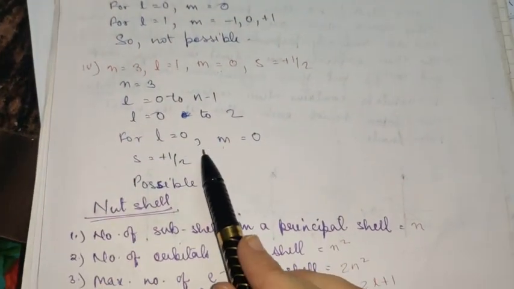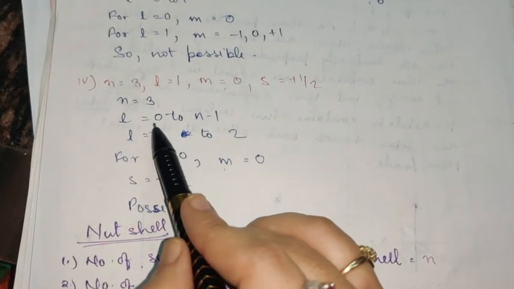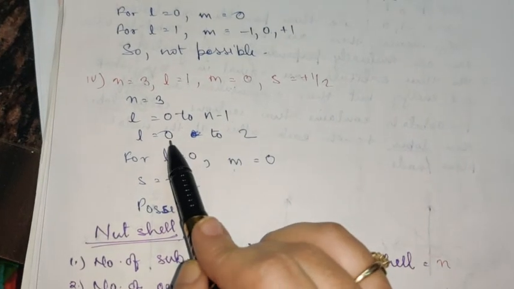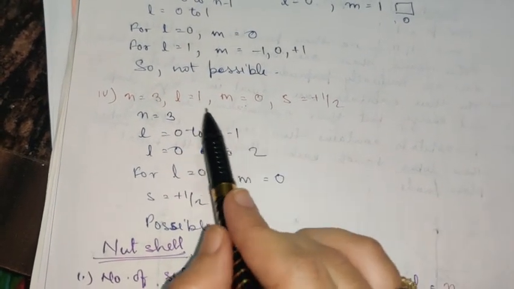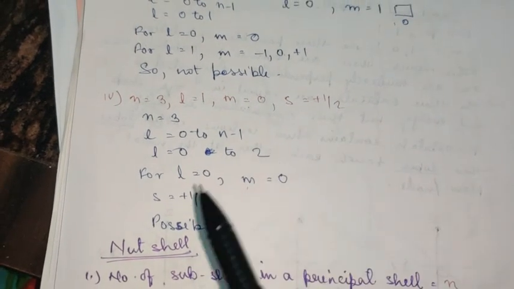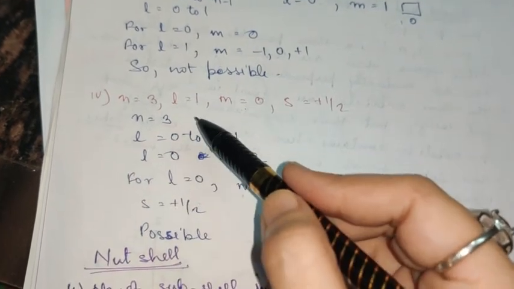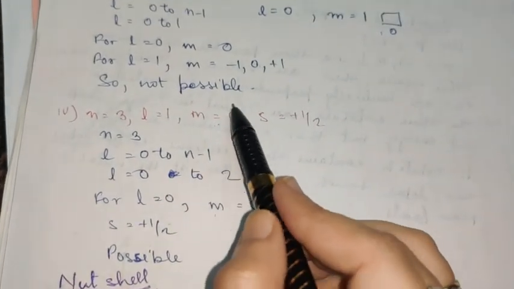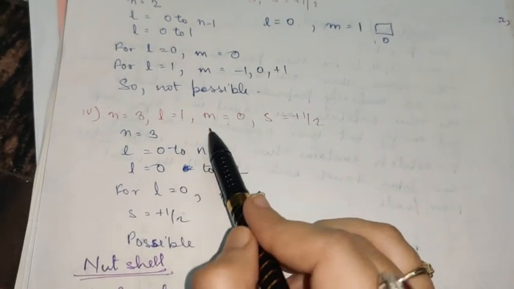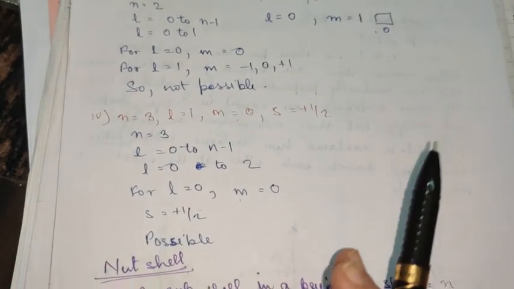Similarly, for the fourth one, if you consider all the possible values of l, that is 0 to n minus 1, 0, 1 and 2, then for l equals 0, m equals 0 is possible. So this is also possible in this way. You have to consider all the possible values of l, then match with the value of m, and then say whether these values are possible or not.